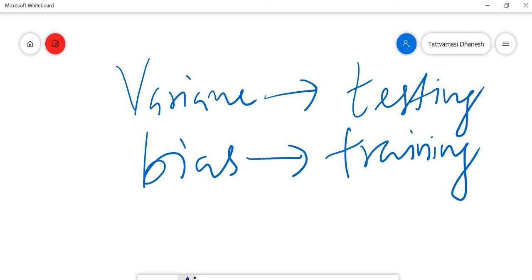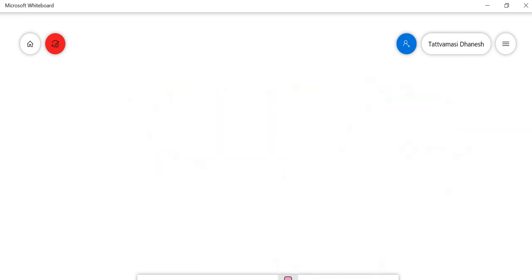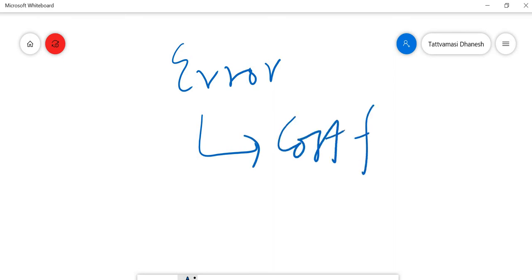See, what is the optimum model? The perfect, ideal machine learning model would be like this: its cost function, I already told you previously, the error is denoted by cost function. It is not a complex term, it is a simple term only.